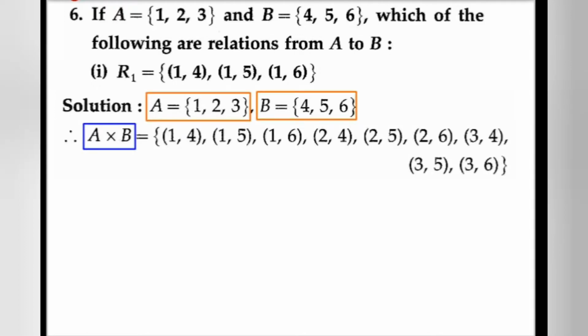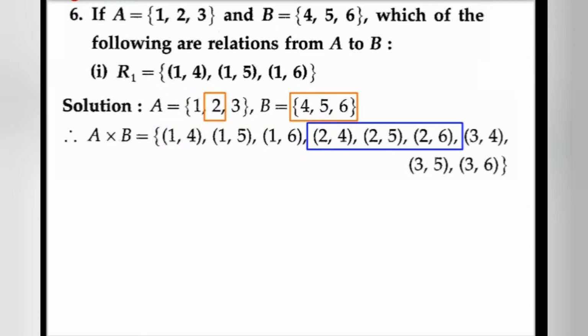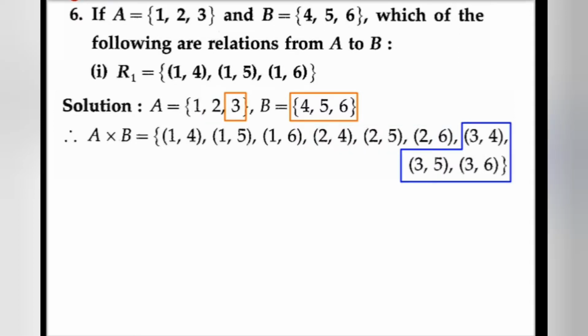Solution. A is set of 1, 2, 3. B is set of 4, 5, 6. Therefore, A cross B would be set of (1,4), (1,5), (1,6), (2,4), (2,5), (2,6), (3,4), (3,5), (3,6).